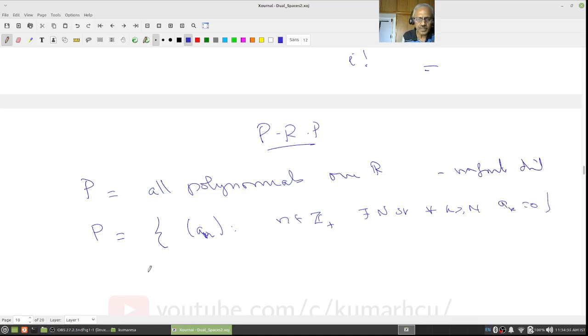Remember, it's a polynomial, therefore any polynomial p will be some a0 plus a1 x plus up to an x to the power n, right? I can think of it as 0 times x to the power n plus 1 and so on. Therefore, for each polynomial I can associate an infinite tuple a_n, after that 0, 0, 0. Do you understand that?